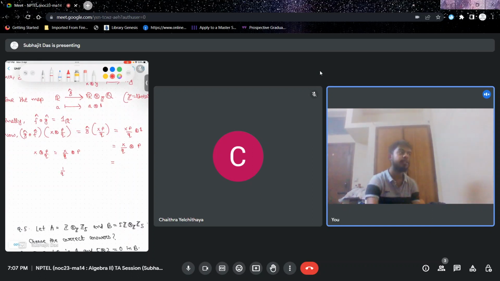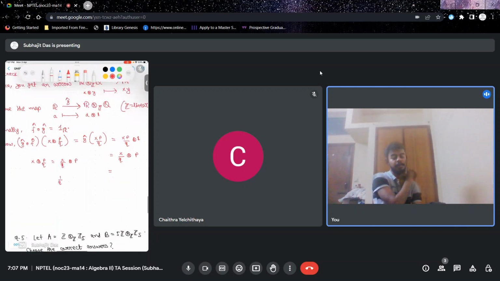I mean 1 over Q. Oh. Yes. Actually the point is that this R tensor over Z with Q, it's a Z module that you know, but again by extension of scalars you also know that this is a Q module, right?